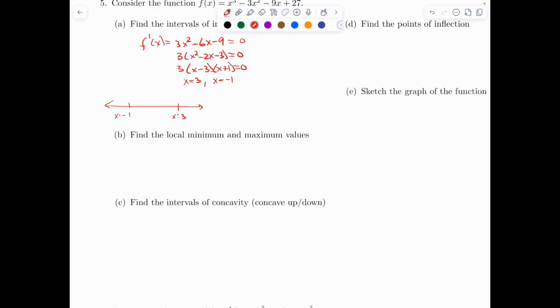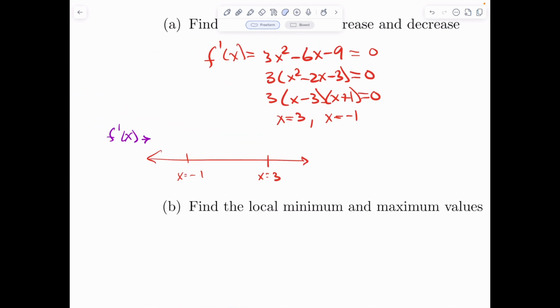X equals 3. And I'm going to find test points in between here. Put that over there, just for clarity.